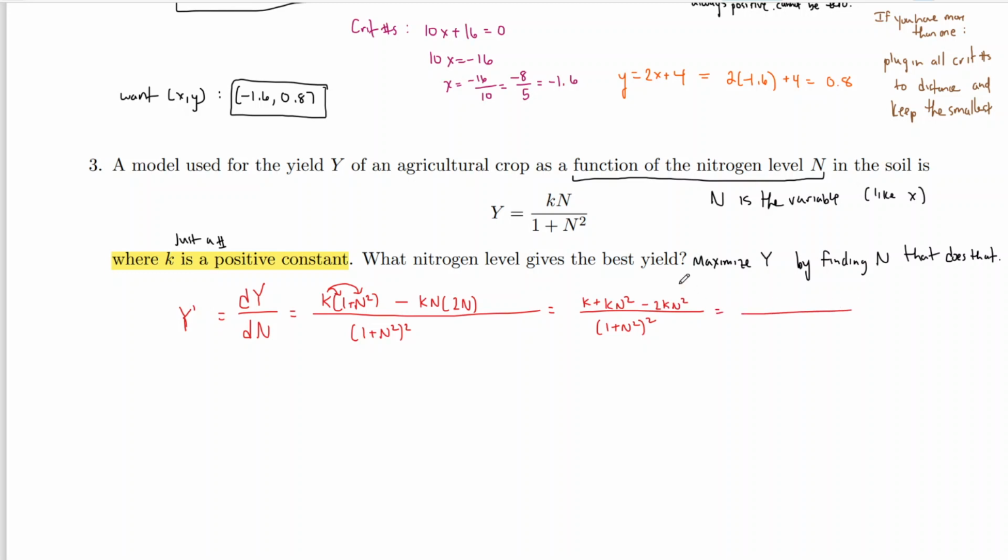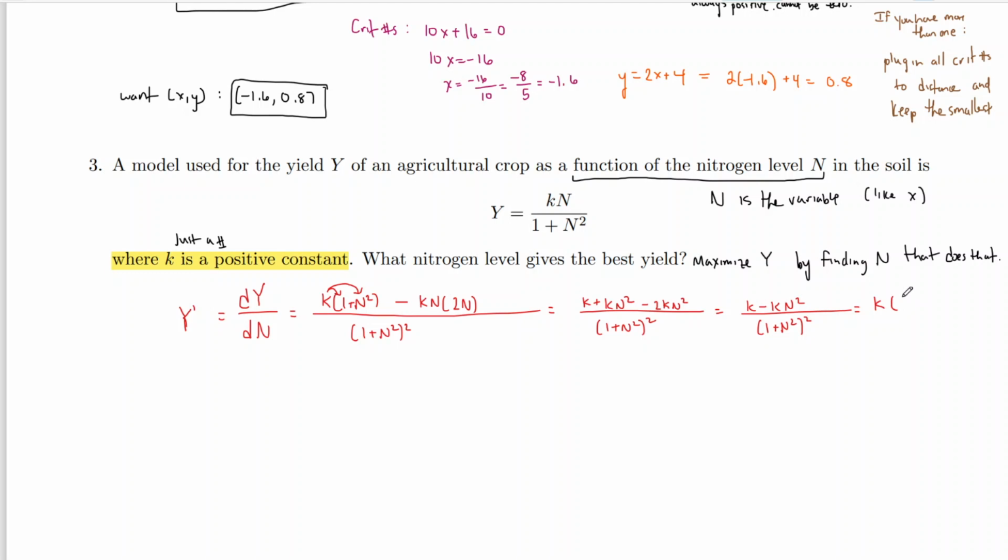And you can continue simplifying because we have a k n squared minus 2k n squared would be negative 1, or just negative k n squared. Okay, so we have 1k n squared, and then we take off 2k of them, so we are left with negative 1k of them over the 1 plus n squared on the bottom, and that's squared. And you can actually go one more step if you want and factor the k out.